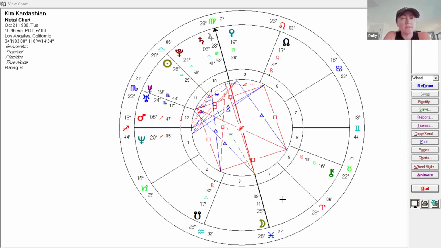I just thought it was kind of crazy how well this represented what's actually going on in Kim's chart right now. She's currently going through a little scandal or issue with her ex-husband Kanye over their daughter North West.